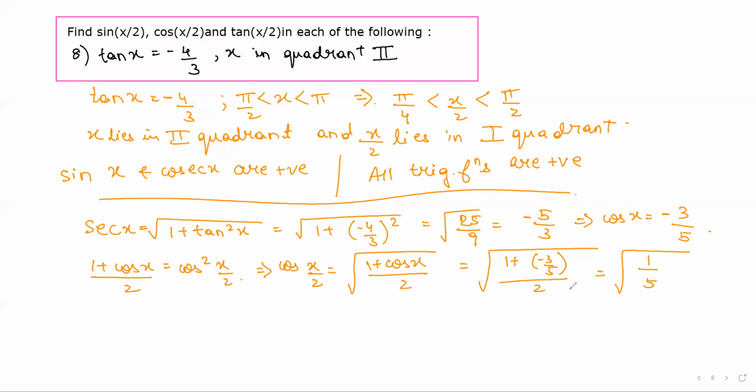So your cos x by 2 will be equal to plus minus 1 upon root 5. All trigonometric functions are positive in the first quadrant, so it is positive 1 upon root 5. If you do not want the root 5 in the denominator, you can write cos x by 2 is equal to plus 1 upon root 5, rationalize into root 5 upon root 5, which is equal to root 5 upon 5.